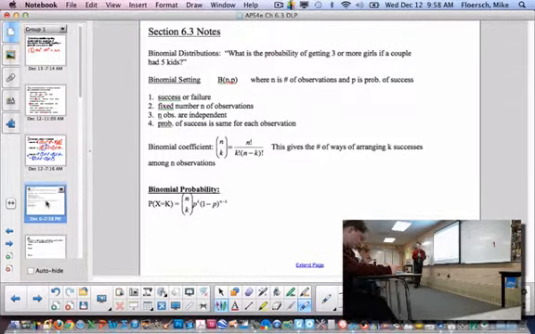Here's the equation that you need to know. Binomial probability, the probability that x equals k is n choose k times your probability of success, how many times? And then failure, which is 1 minus the probability of success, how many times?